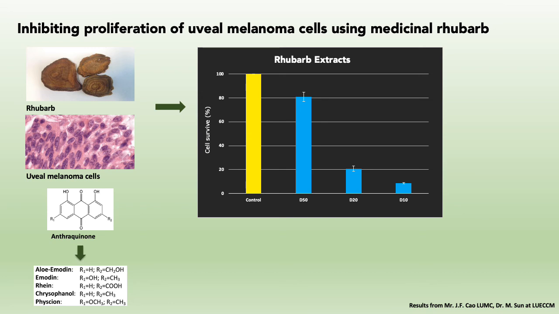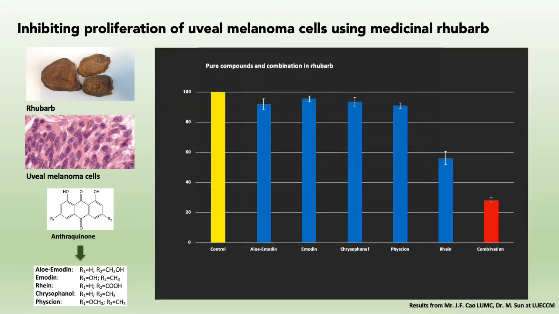There are 5 major components from this family. So we have done another study to test each individual component, from aloe-emodin, emodin, rhein, etc. Among the individual components, you can see only rhein has a slight inhibition effect on uveal melanoma cell proliferation.